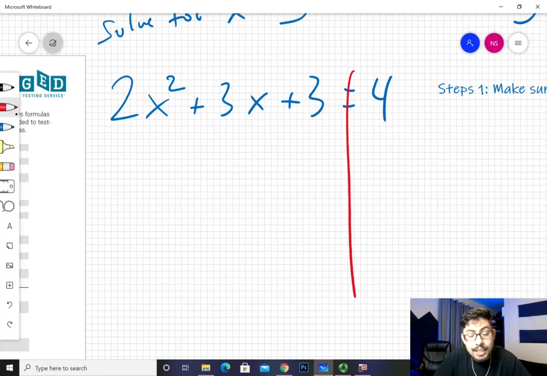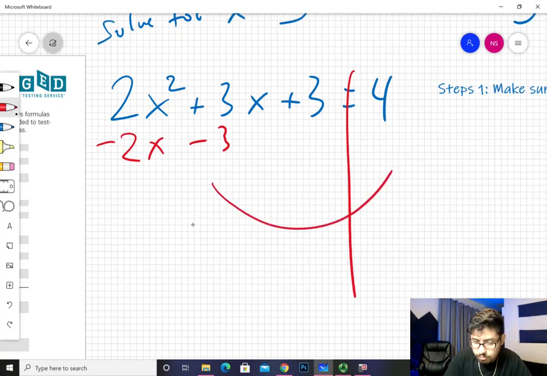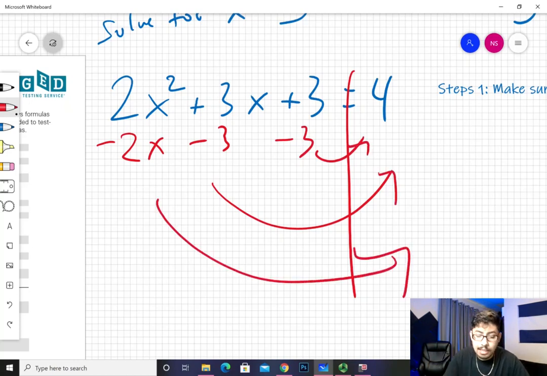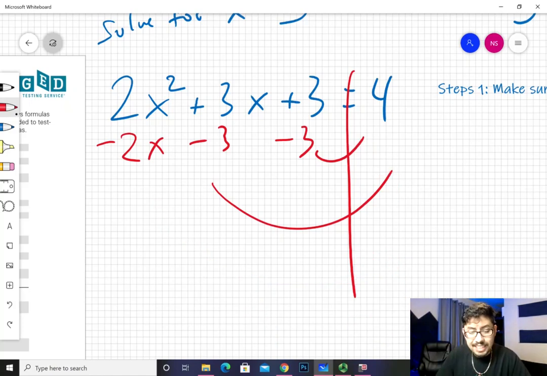So how do we do that? Well, use your skills of multi-step equations, my friends. We can move all of this, including this one, everything to that side, and then this side would be 0 equals, and everything got moved over there. But that seems a little too long.